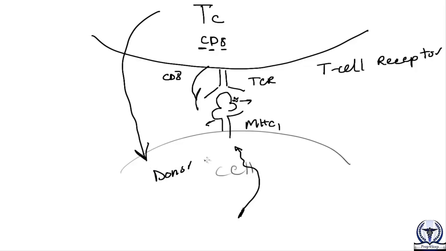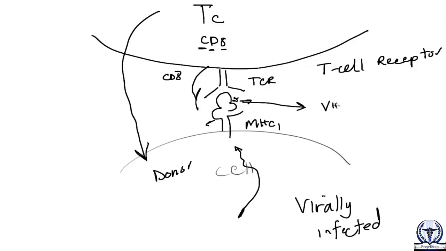Another scenario would be, let's say this cell was virally infected. If this cell by any chance was virally infected, these proteins that you see presented on the MHC would be viral proteins. If these viral proteins are presented here, then the cytotoxic T cell wandering by, with the help of TCR and CD8, will bind to this MHC type 1, and it would realize that this cell is virally infected, and then it would attack it.